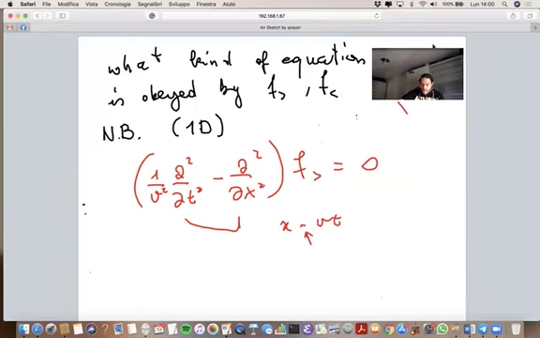While if you had a backward propagating wave, you wouldn't have any of those minus signs. So all this is to say that the same equation is obeyed also by the backward propagating wave. So that's what is a wave.